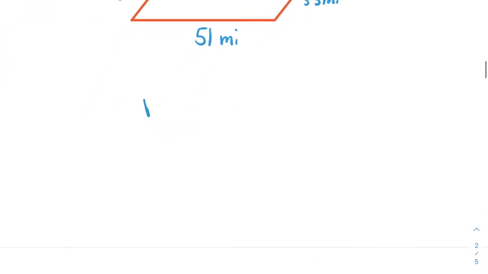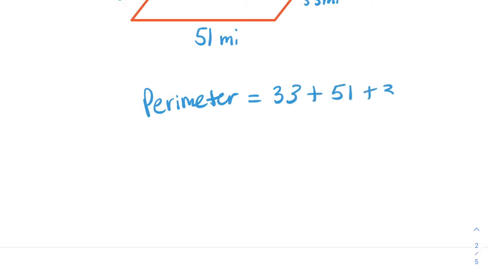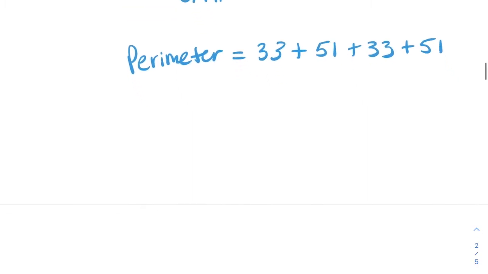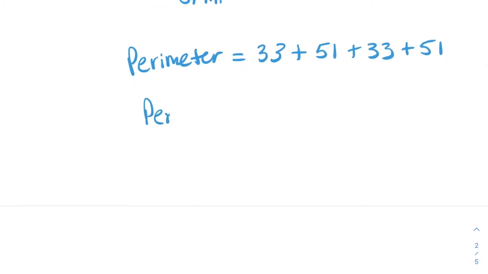So the perimeter equals 33 plus 51 plus 33 plus 51. So 33 and 51 and 33 and 51 is 168 miles.